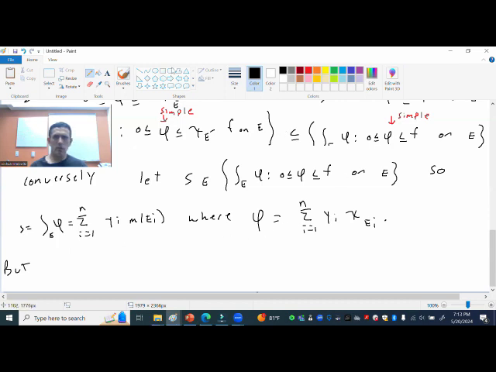So here, of course, is a simple function on E. So as I've said many times, this is a subset of E. So E take away E prime is 0. So that implies E I take away E prime is 0. Right. Because E I is a subset of E.